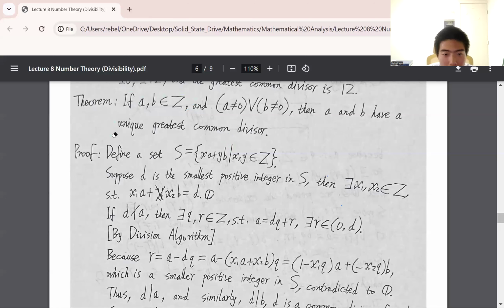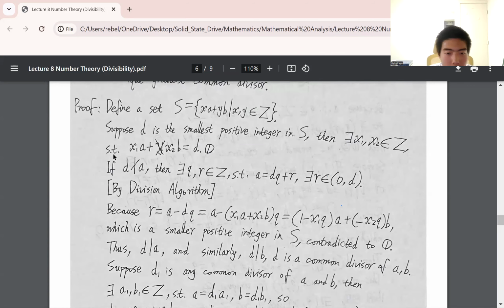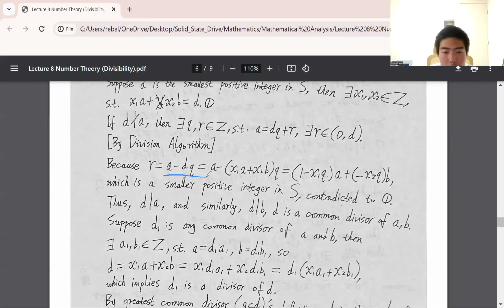Okay, first we want to prove that if D does not divide A, then R is not 0, and by the division algorithm we can write A in this form. Because R is equal to A minus DQ, and D is equal to this one by the set definition, there exist x1, x2 satisfying it.